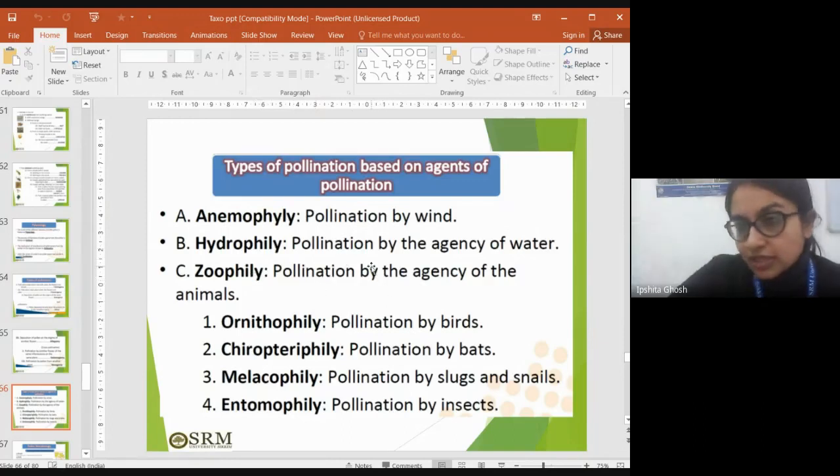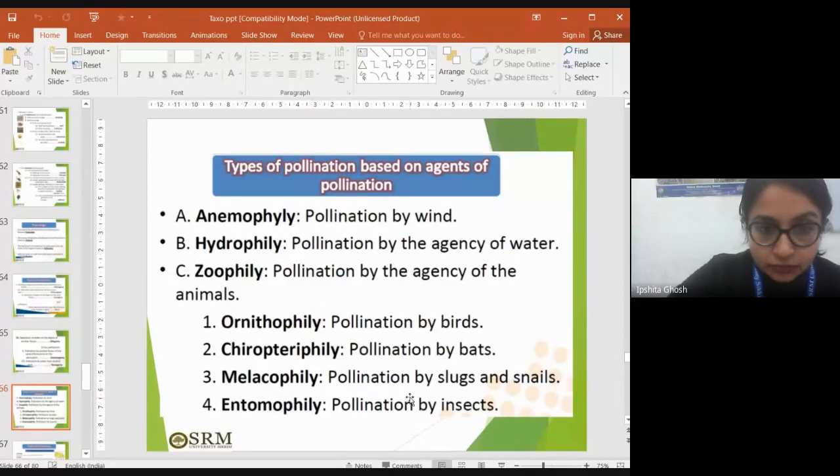If the pollinators are animals, you know that zoo is the term we use to address animals. So zoophily is the term used for the type of pollination carried out by animals.